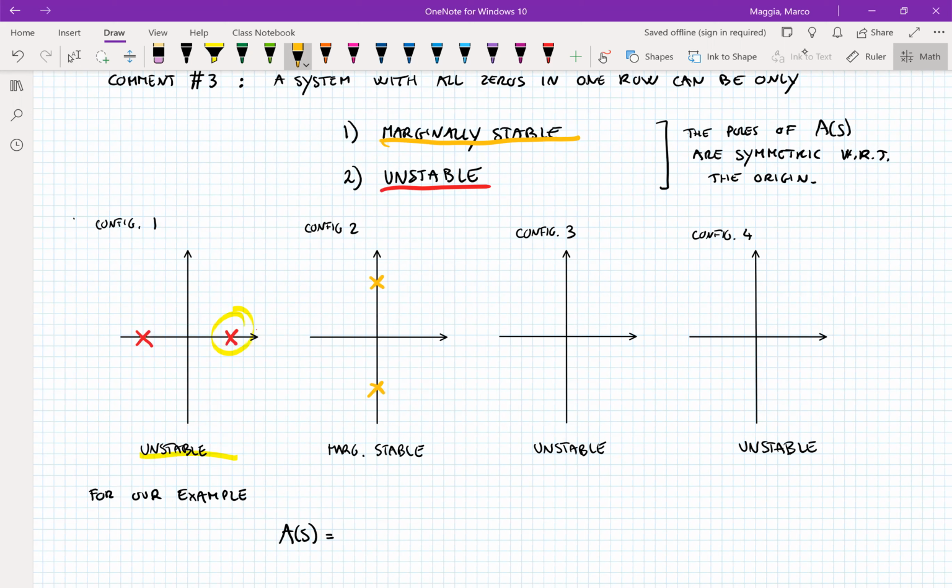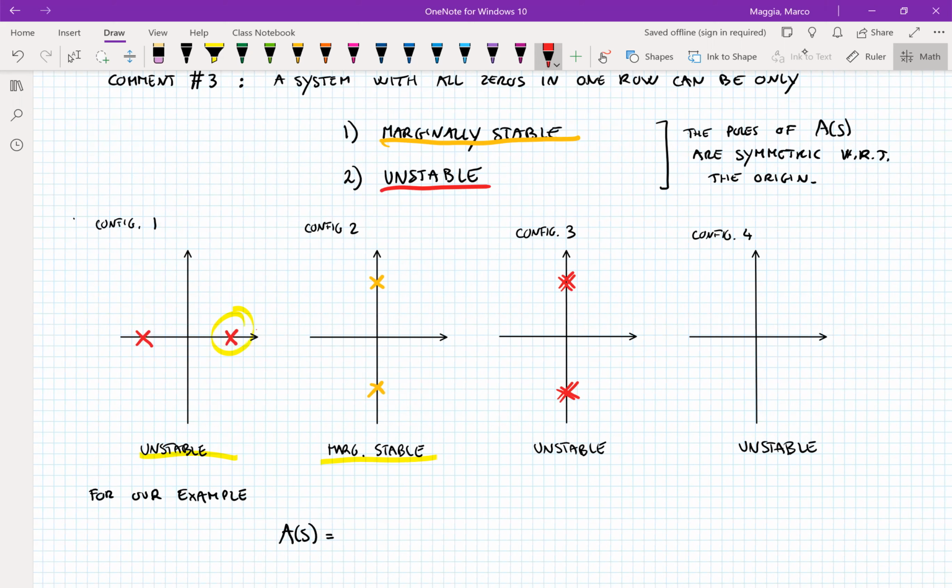And so the system in this case is marginally stable because these two poles are on the imaginary axis. However, if we have the same poles but repeated twice or more than twice, the system is unstable because the multiplicity is greater than 1. But again, the symmetry is kept.